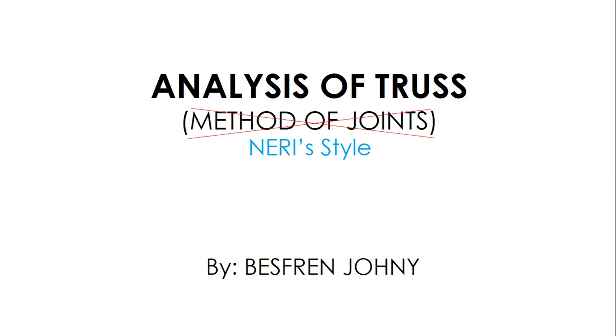My assumption here is that you already have a background on what a truss is, about its members: they are slender, and they cannot resist moment. Therefore, loads will only act at the joints.